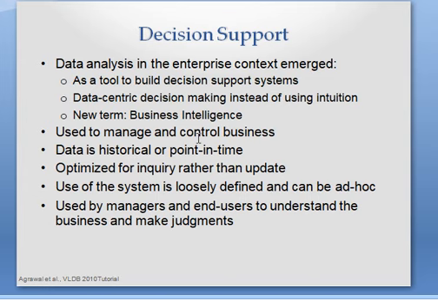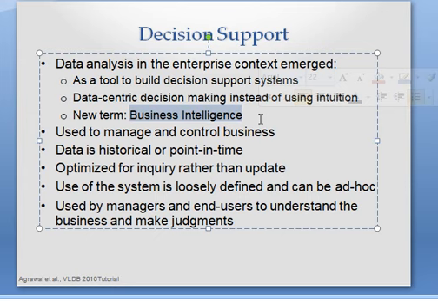There is also a new term called business intelligence: use the information we have discovered to manage and control the business. Managers understand the business demand, make a judgment, and finally produce a working plan of what we are going to do.